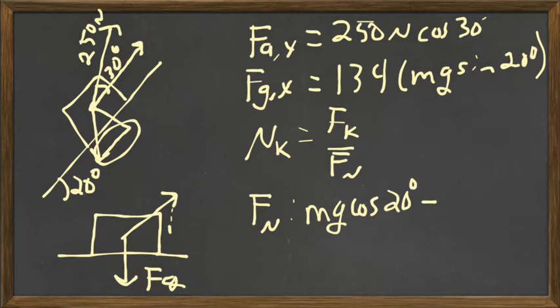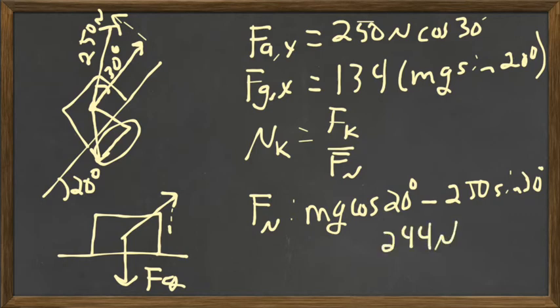And I would have to subtract the upward piece, or the vertical piece, of my 250 newtons. So 250 sine of 30. My normal force winds up being 244 newtons. Now, coefficient of friction, 0.15.